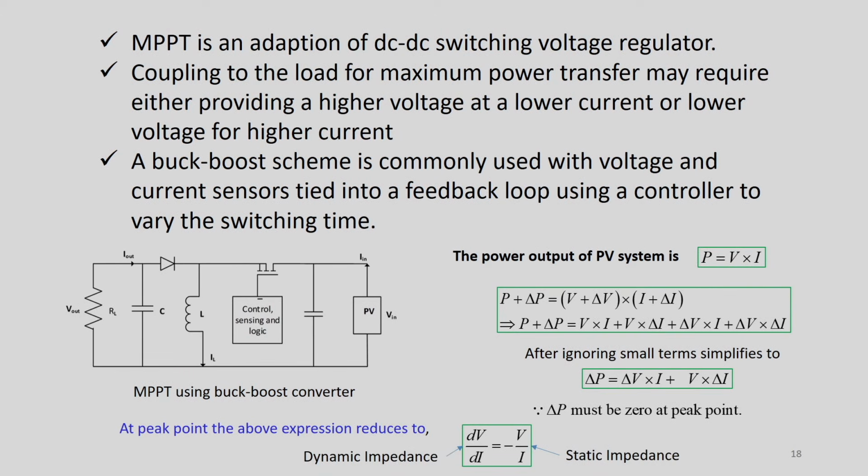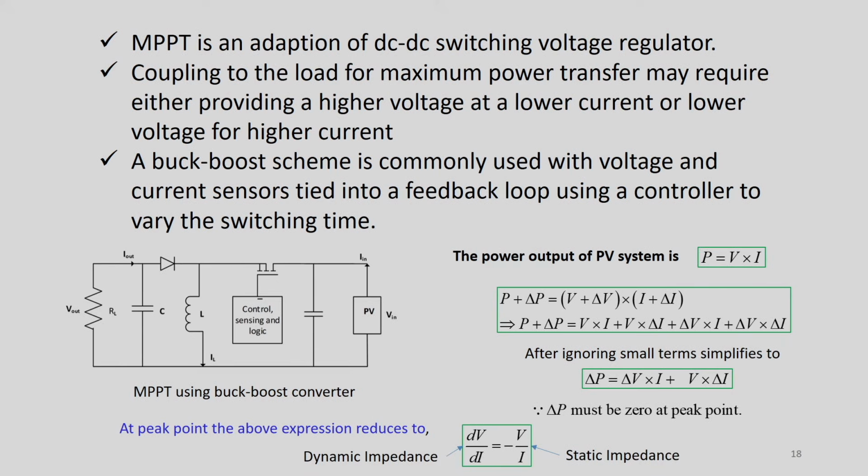This MPPT is an adaptation of a DC-DC switching voltage regulator. Coupling to the load for maximum power transfer may require either providing a higher voltage at lower current or a lower voltage at higher current. Normally, a buck-boost scheme is commonly used, with voltage and current sensors tied into a feedback loop using a controller to vary the switching time.